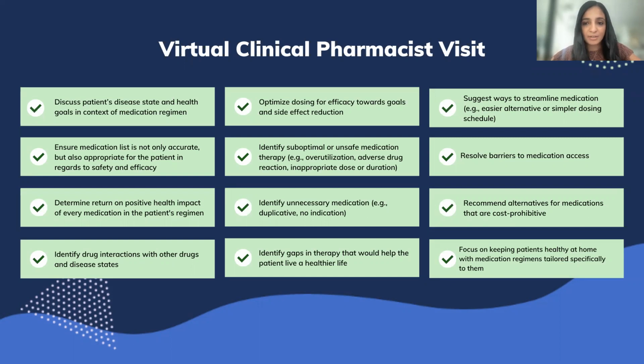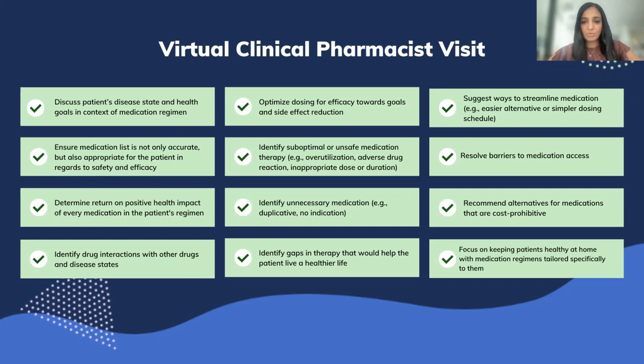Some other key areas where clinical pharmacists focus include drug and drug-disease interactions, optimizing dosing for efficacy and safety of medications, identifying medications that are suboptimal or inappropriate or unnecessary, as well as identifying gaps in therapy where a patient is not on a medication that they actually would benefit from, and helping patients with medication adherence in many different ways: suggesting a simpler dosing schedule, resolving medication access issues, and making recommendations on alternatives for medications that may be cost prohibitive.